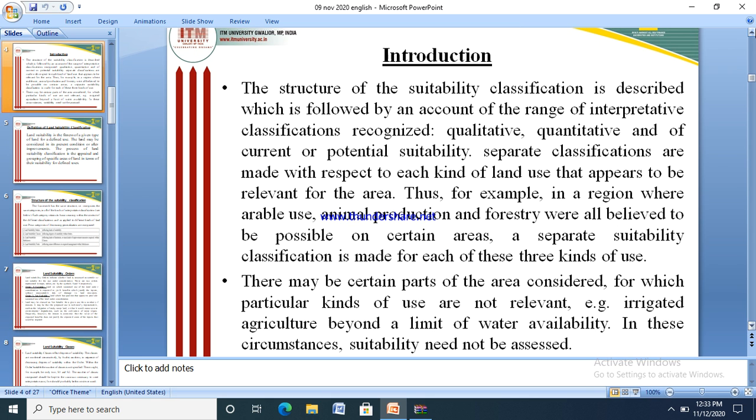There may be parts of the area considered for which particular kinds of use are not relevant. For example, irrigated agriculture beyond a limit of water availability need not be assessed in these circumstances.